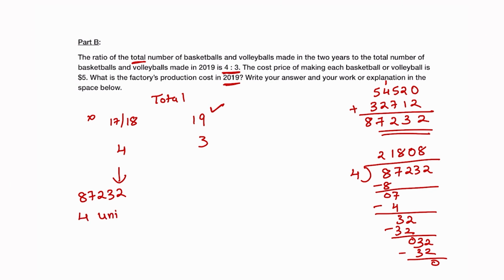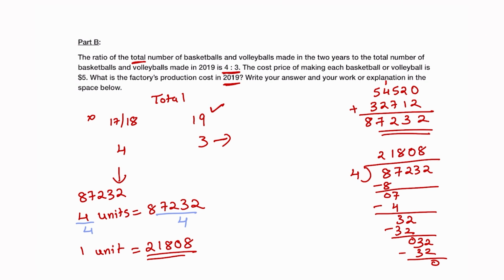So 4 units is equal to 87232, and we divide both the sides with 4. Therefore, we say that 1 unit is equal to 21808. Okay? Now, this is how many units? It's 3 units. So we need to know how much is 3 units.